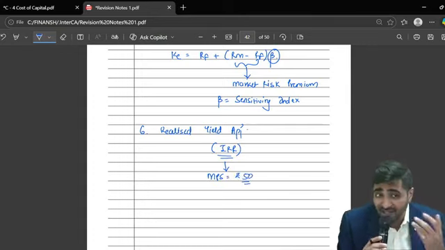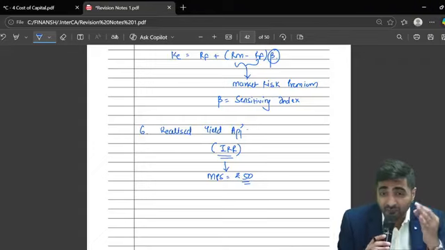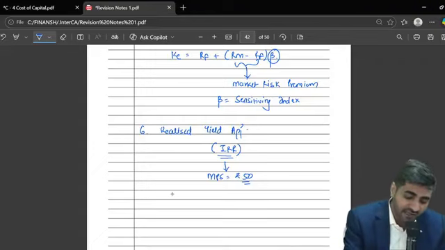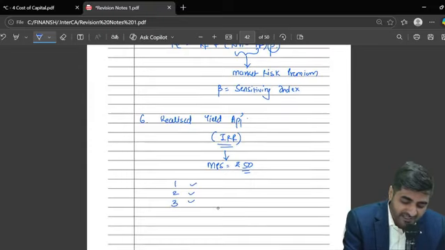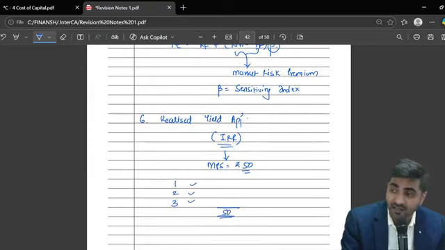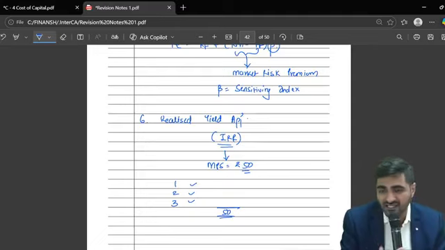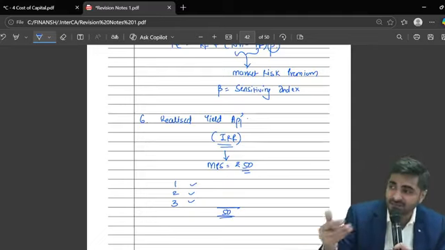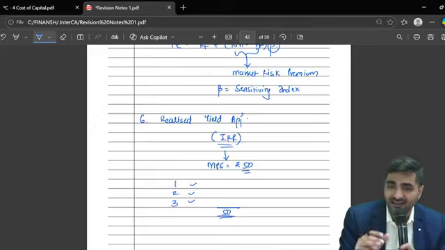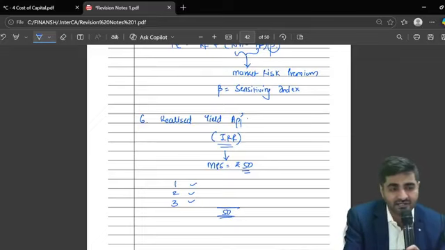Under the realized yield approach, I have to find the discounting factor in such a way that all the future cash inflows, when discounted, come to 50 rupees. I'll teach you this in the investment decision chapter, because the IRR concept comes there. At that time, we'll be discussing this part.